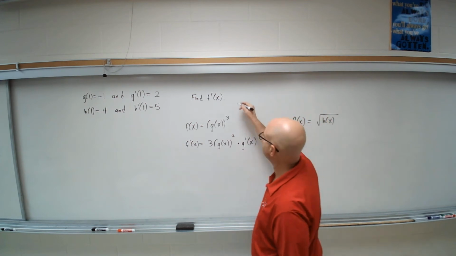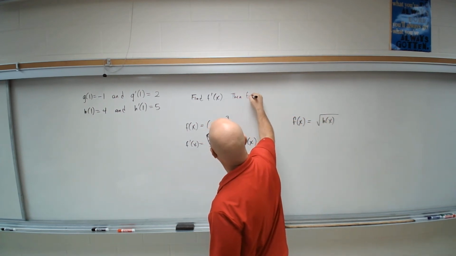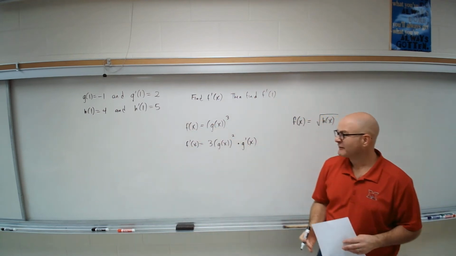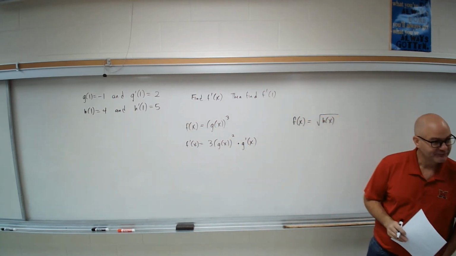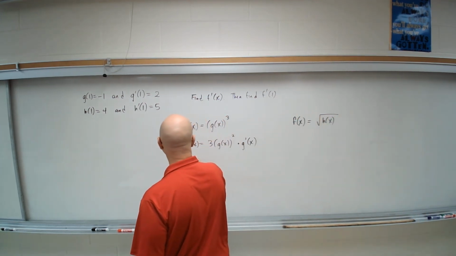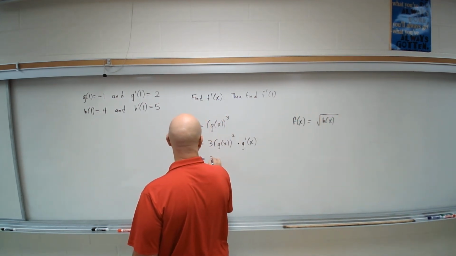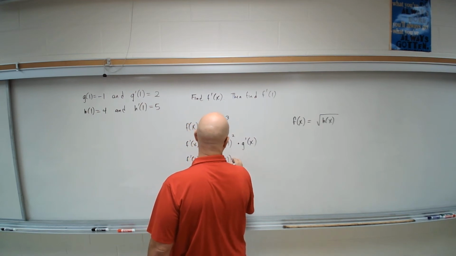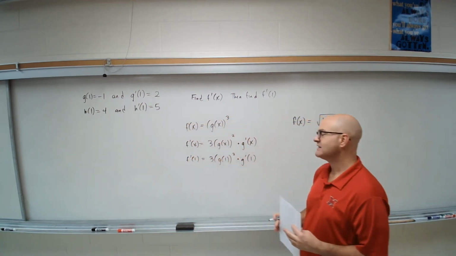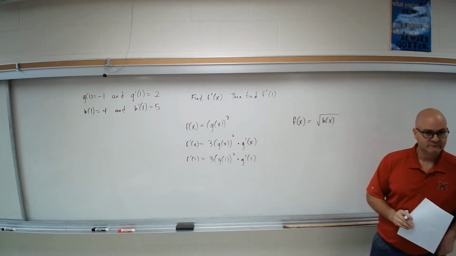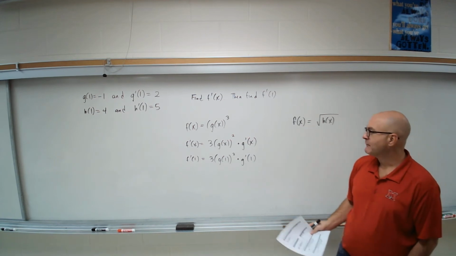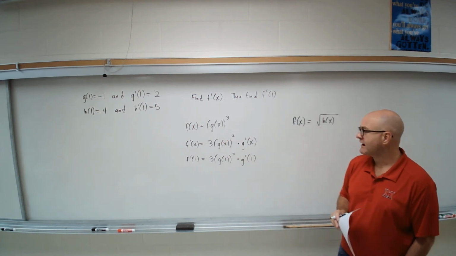So now, it said we did find f prime of x. How about then find f prime of 1? Since we have all that information over there, we might as well use it. So f prime of 1, we're just going to take this sentence, and wherever there is an x, we're going to replace it with 1. Bet you expected that, didn't you? So then we could go ahead and look up our values over there.